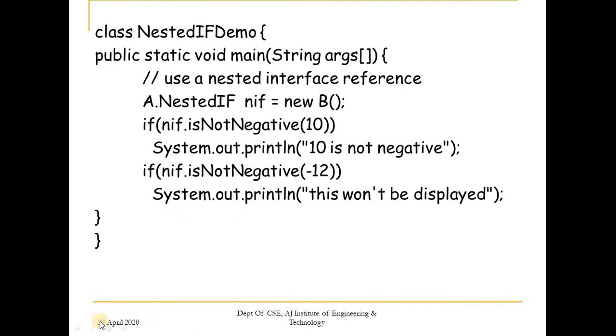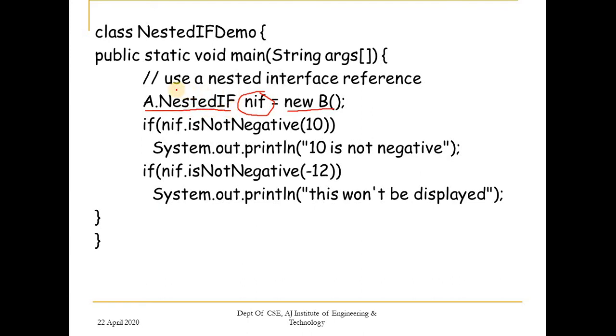Let's see the main method. In the main method, first I am creating an object of B, and that object is assigned to nif. nif is a variable of the interface type NestedIF. Here also we have to use the fully qualified name for the interface.